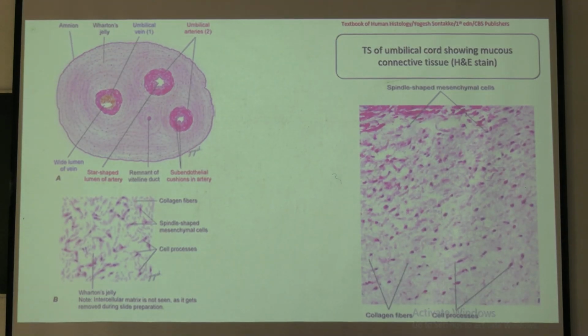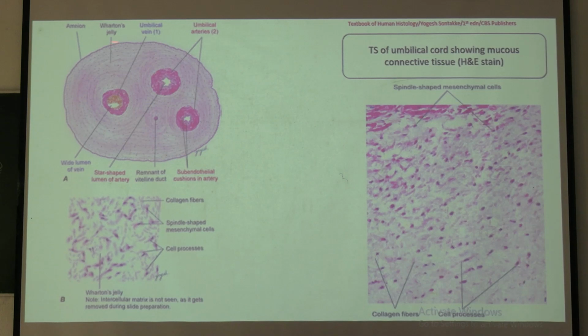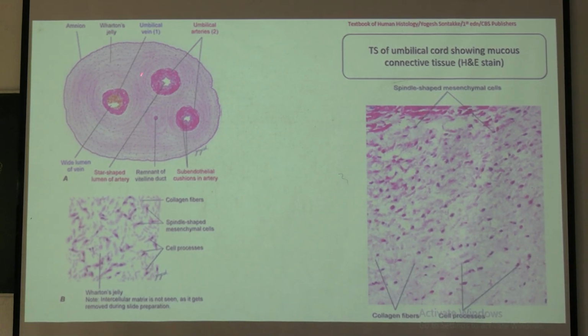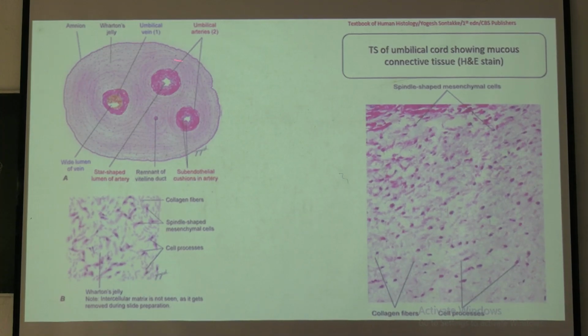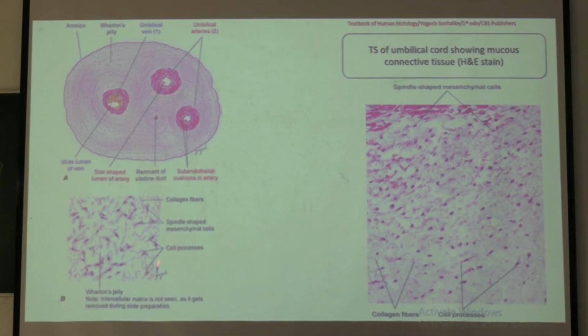This is a section through the umbilical cord. This is the outer covering, the amnion, and this is Wharton's jelly. Embedded within the Wharton's jelly, these dots you can see are the mucoid cells or mesenchymal cells.